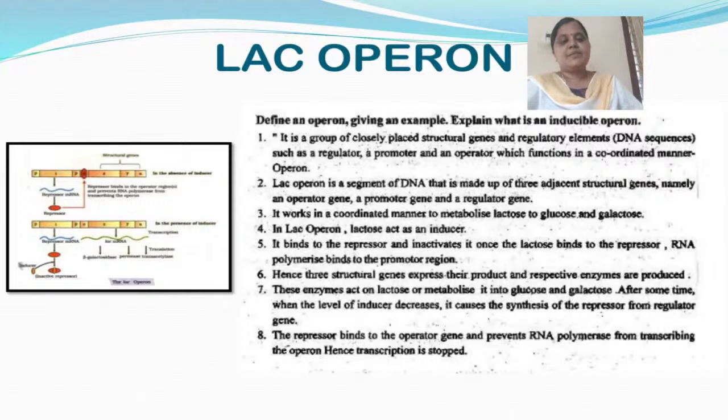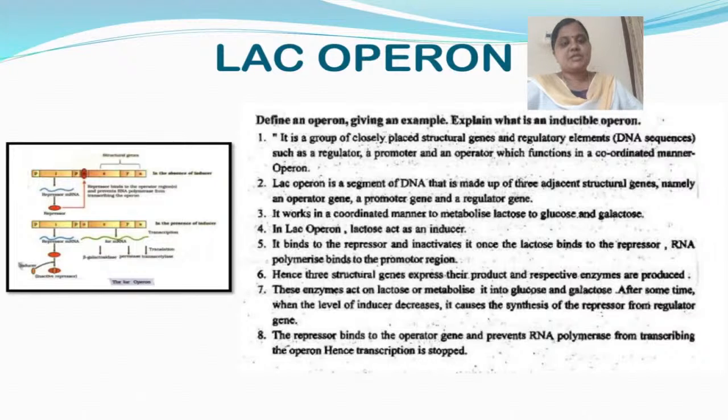It works in a coordinated manner to metabolize lactose to glucose and galactose. In this lac operon, lactose acts as an inducer. This inducer binds to the repressor and inactivates it. Once lactose binds to the repressor, RNA polymerase binds to the promoter region.